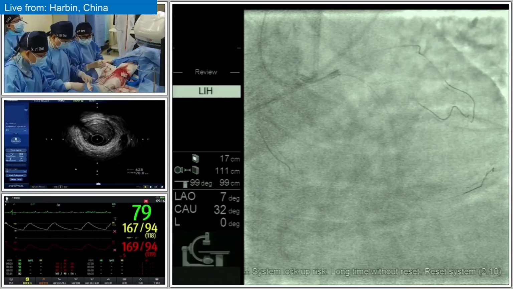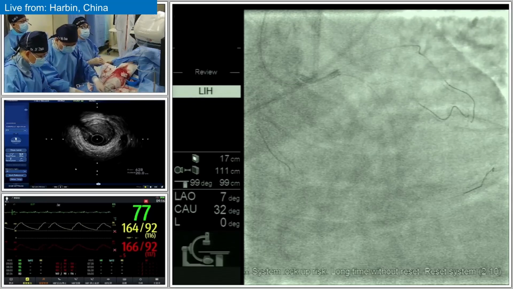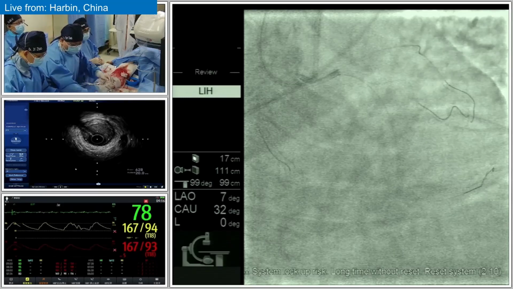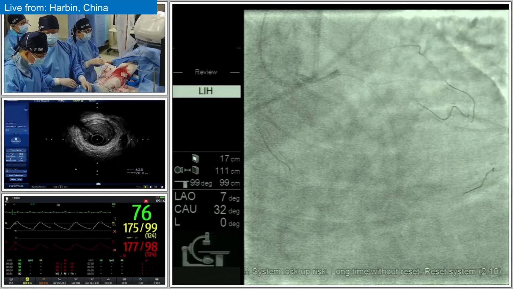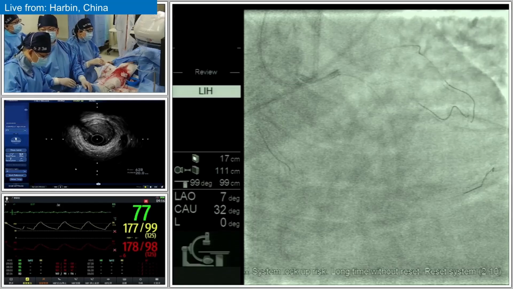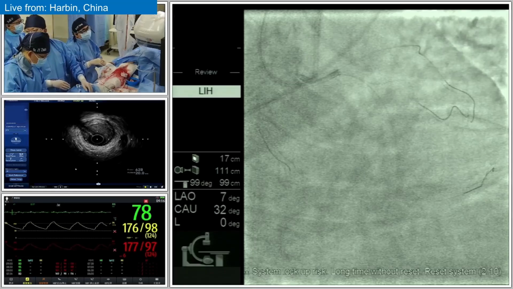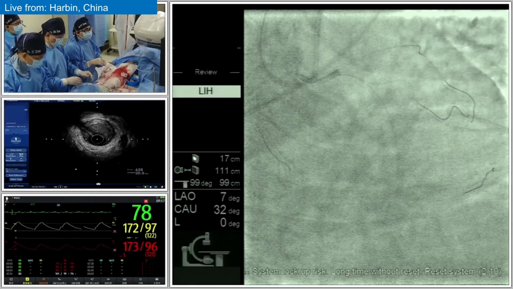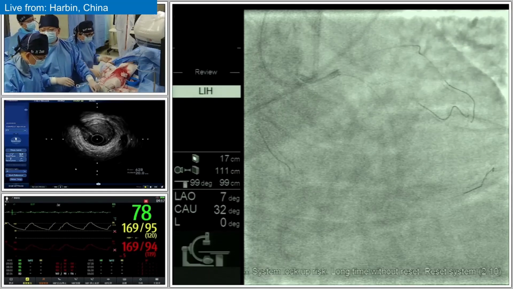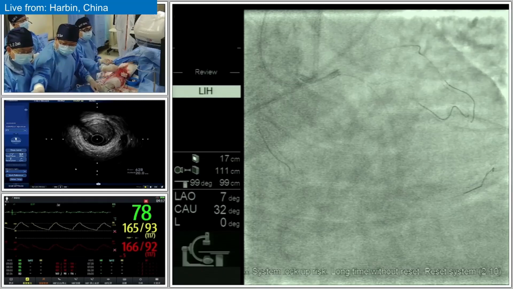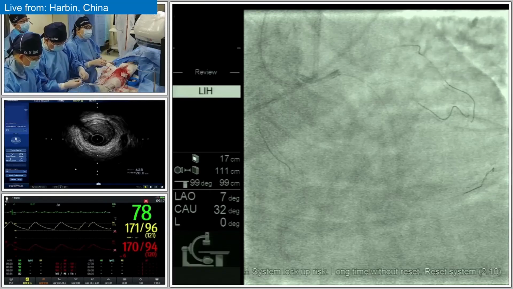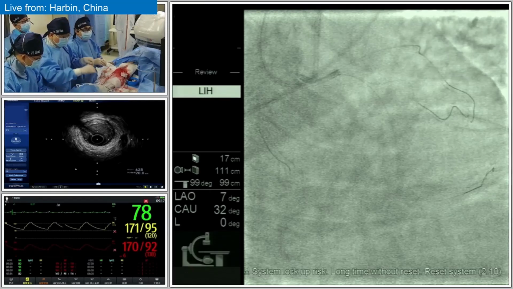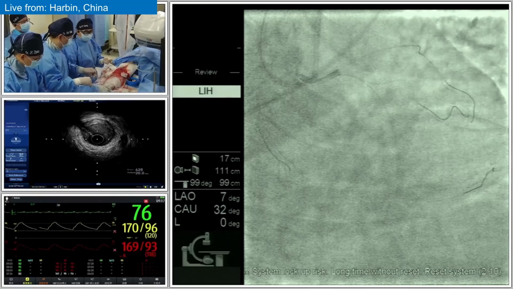So Dr. Gong, how many methods can be used to confirm the position of the wire in the distal lumen, whether it's intraplaque or extraplaque? Like you mentioned, we can do the tip injection. Any other methods? Yes. The most widely used technique, of course, is collateral injection or collateral angiography. This is a very simple and safe technique.